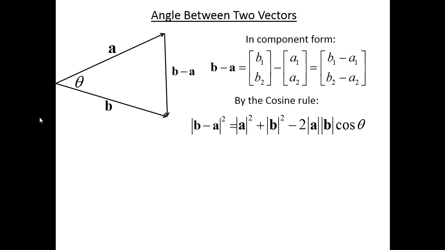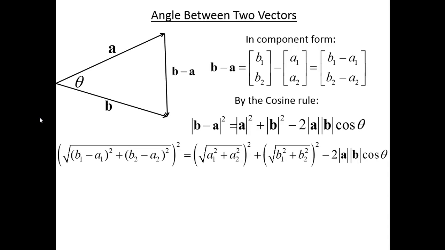So if we go through and we put in the magnitudes for each of those vectors, so the B minus A, it's using B1 minus A1 and B2 minus A2, the magnitude would be this. And of course we're squaring it, so I'm squaring it here. Magnitude of A squared plus the magnitude of vector B squared minus 2 times the magnitude of A, magnitude of B, cosine theta.